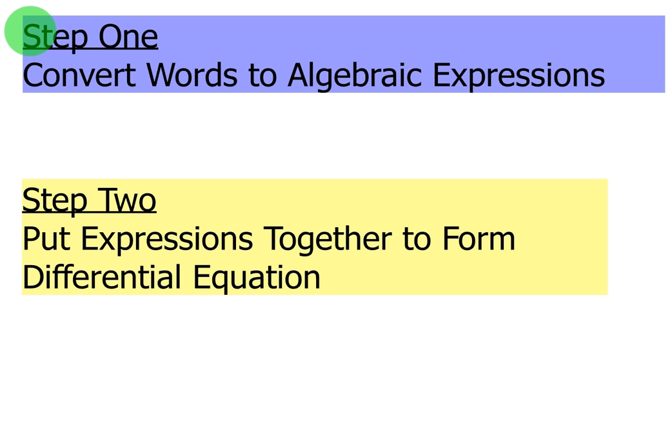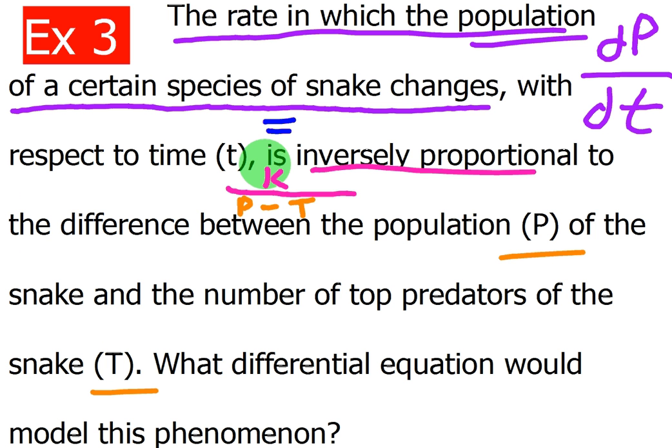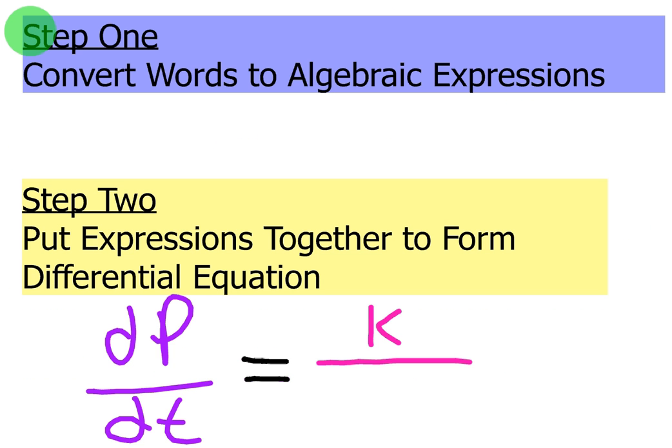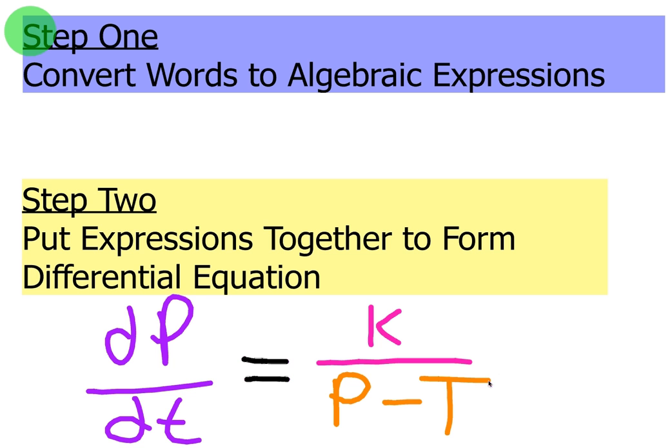So for my final answer, I have dP dt, the rate in which the population is changing, is inversely proportional to, so I'm going to put my k on top, the difference between the population of the snake and the number of top predators of the snake. So that's going to be population of the snake and number of top predators. And this is my differential equation, folks.